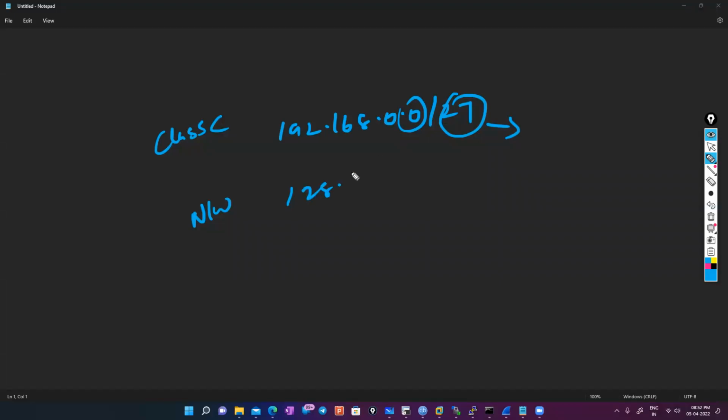So 128, 64, 32, 16, 8, 4, 2, 1. The first 24 bits are occupied for this, and I'm going to borrow 3 bits. Right? 25, 26, 27. Borrowed bits, because the CIDR value is /27.